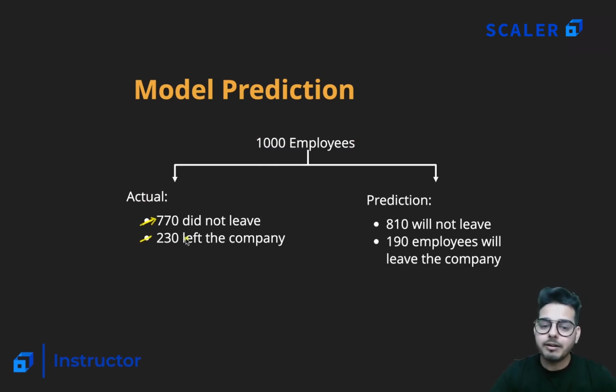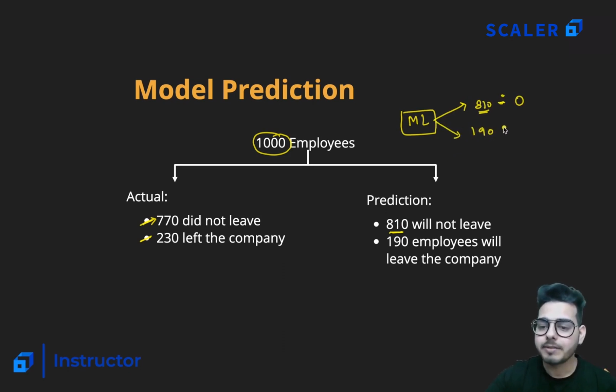But if you input these 1000 employees to your machine learning model, the model says that 800 people will not leave the company in the next month. Let's say, since we are predicting for the next month only, it is predicting zero for 810 people, and for 190 people it is predicting category 1.